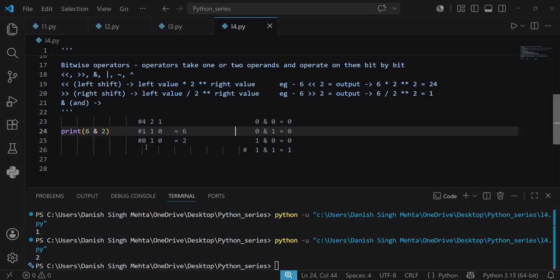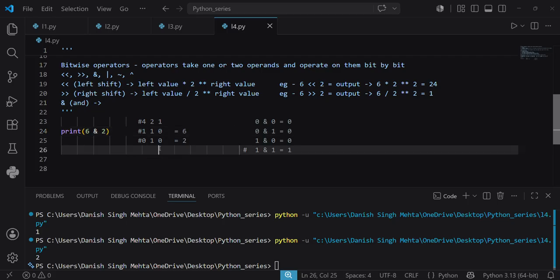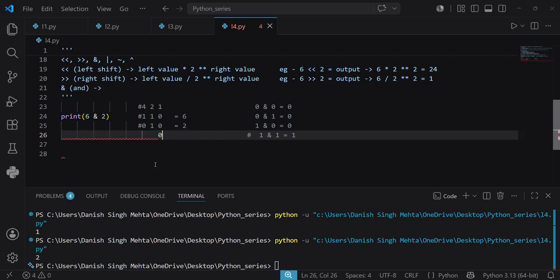So what will be the value of 0 and 0? You can see 0 and 0 is 0. So here it becomes 0. Here we will compare 1 and 1, and 1 and 1 gives us 1.